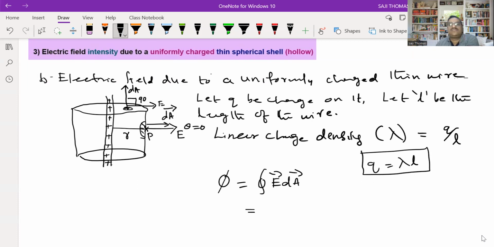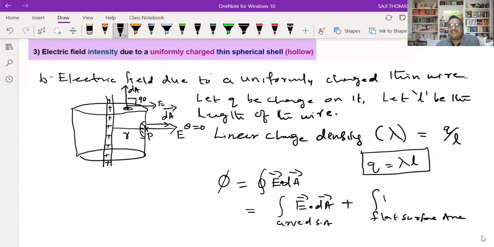One is the curved surface area and the other is the flat surface area. So I am writing the curved surface area, integral E dot dA, plus the flat surface area, integral E dot dA.